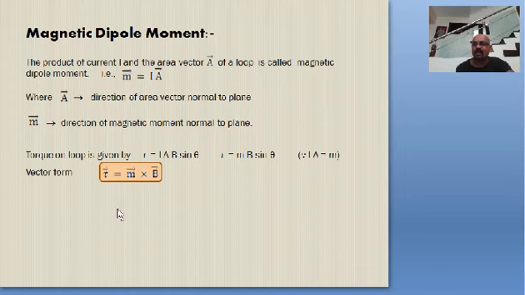So magnetic dipole moment, remember, is the product of current and area vector. The area vector is always normal to the surface, and in terms of magnetic moment you can write the torque as m cross B, like p cross E, MB sin theta.